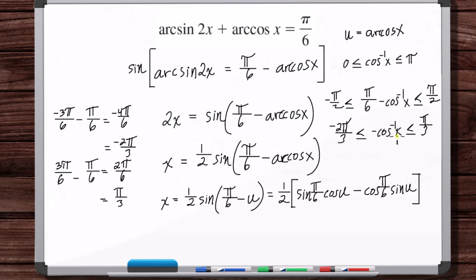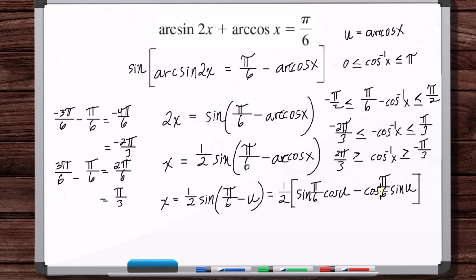But now we want to multiply this entire inequality by minus 1 so we can get arc cosine by itself. That means we need to flip the inequalities. So let's flip them first. Then we've got minus pi over 3 and 2 pi over 3.